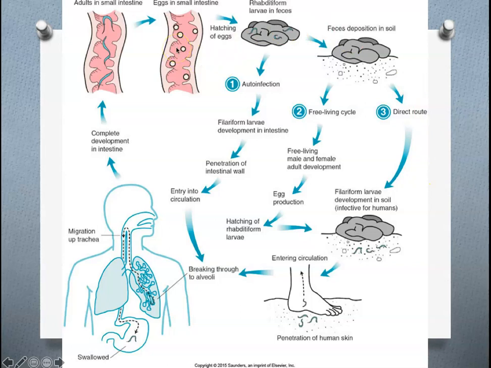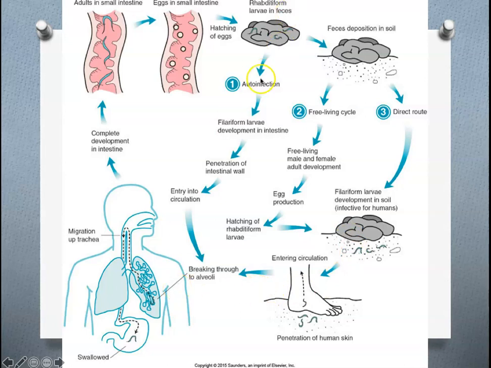In the free-living life cycle, we have rhabditiform larvae that were passed in feces, but here, the rhabditiform larvae can mature directly into adults. And we can get egg production outside the body, hatching into rhabditiform, maturing into filariform, and it can continue the same way.